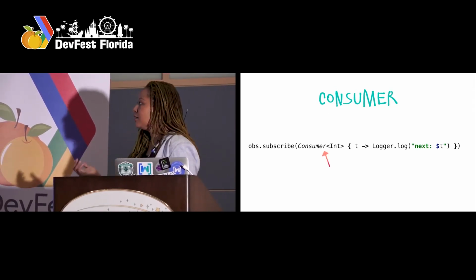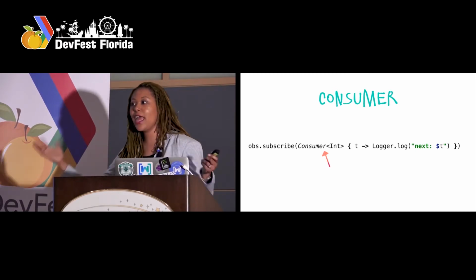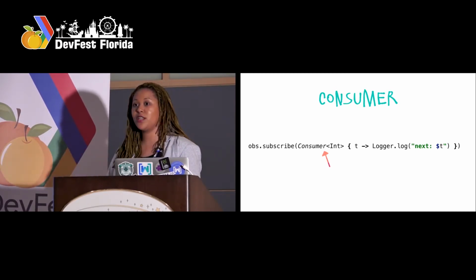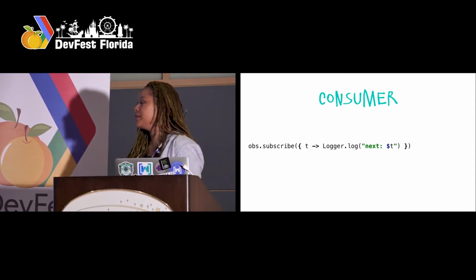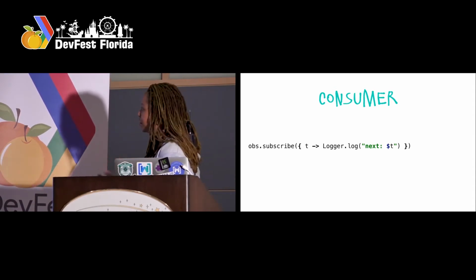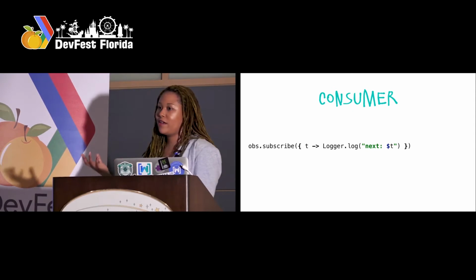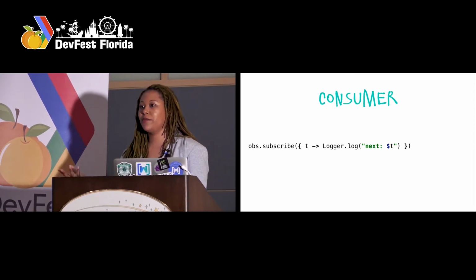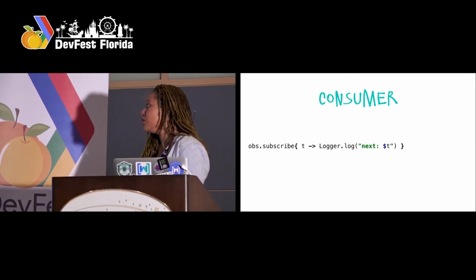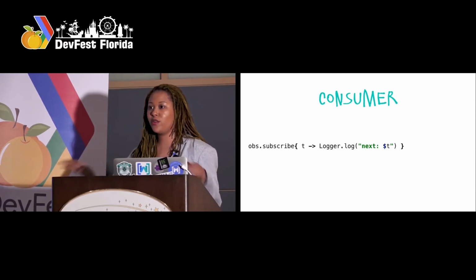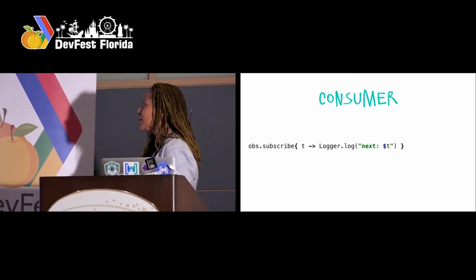But then again, the IDE is going to complain. It's like, hey, why are you giving me this extra information? I already know, so you can just drop it. All right, looking a little bit better. But now you have a lambda as the last parameter inside of a method, so you can just drop the parentheses. That's totally valid Kotlin code right there.